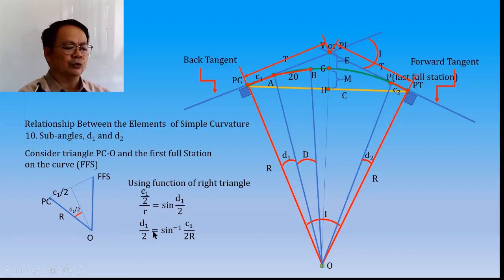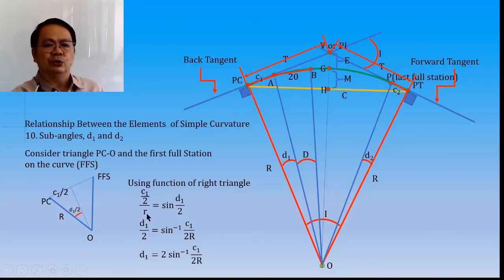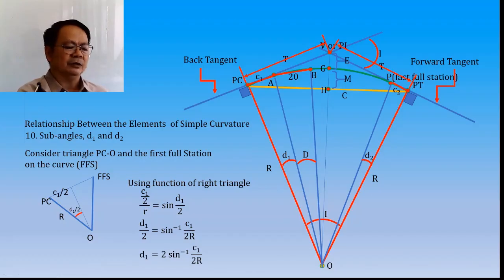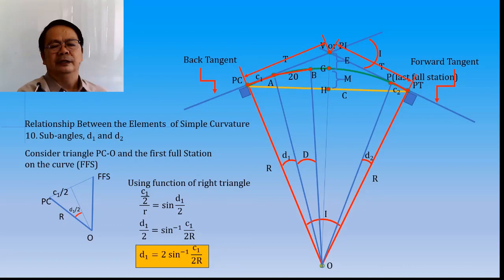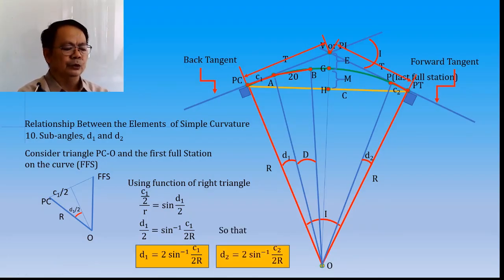And because we are working on D sub 1, therefore, D sub 1 is equal to 2 times arc sine of C1 over 2R. That is our, okay, sub-chord formula. And because the same is true for the other chord, then D sub 2 can also be computed using the same pattern, that D sub 2 will be equal to 2 times arc sine of C sub 2 over 2R.